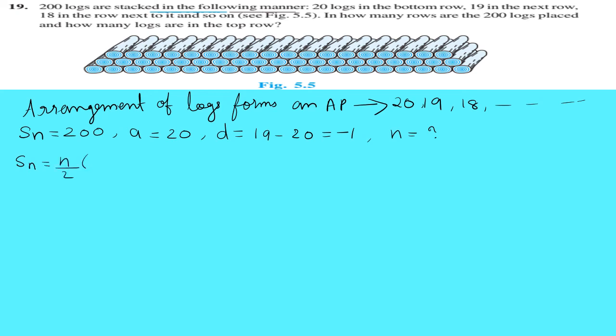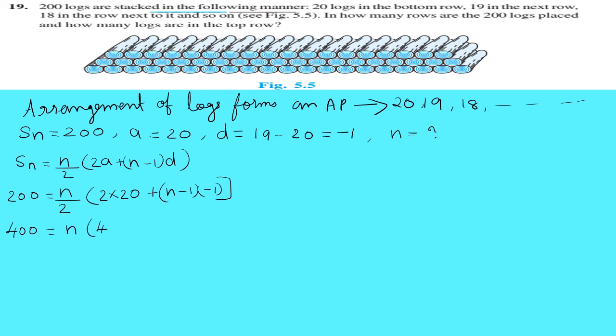So Sn equal to n upon 2 multiplied by (2a plus (n minus 1) into d). That is 200 equal to n, which we don't know, write as it is, upon 2 multiplied by (2 times a, which is 20, plus (n minus 1) multiplied by d, which is minus 1). Do the cross multiplication, you will have 400 equal to n multiplied by (40 minus n plus 1).